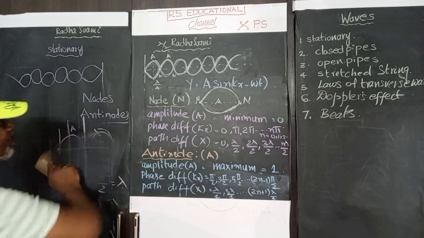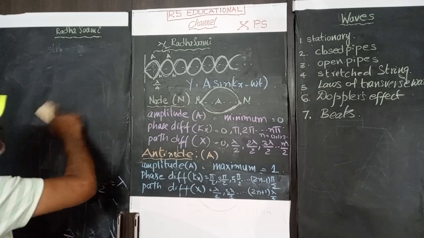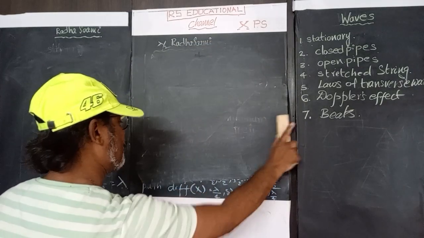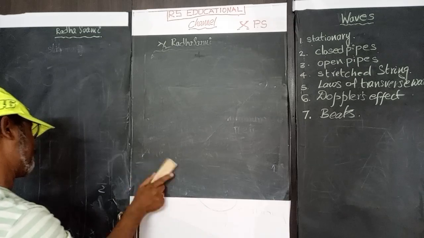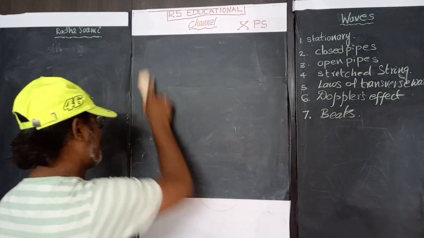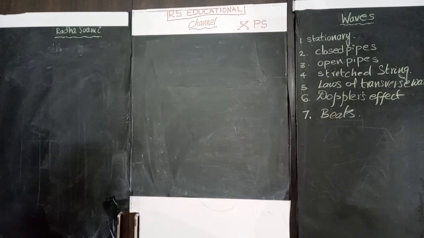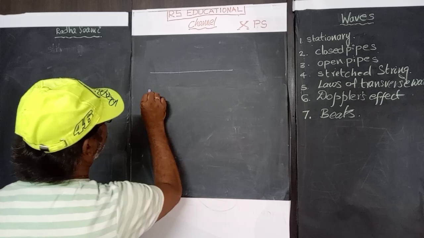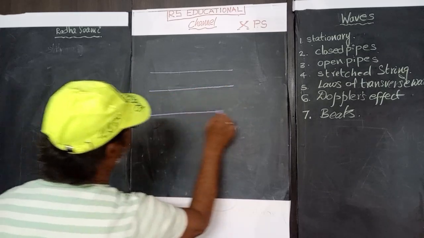Next one is pipes. How many types of pipes are there? Generally, we observe there are two types of pipes.